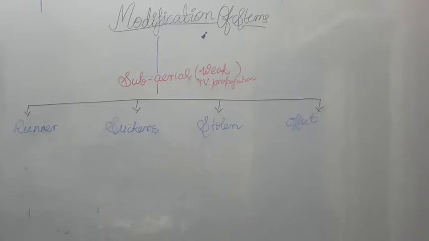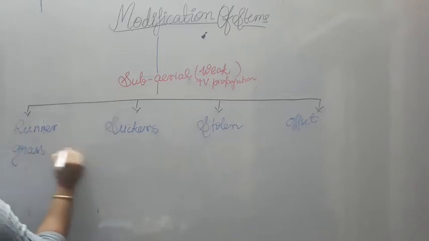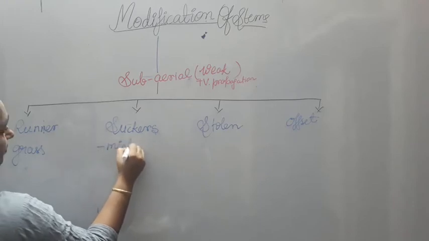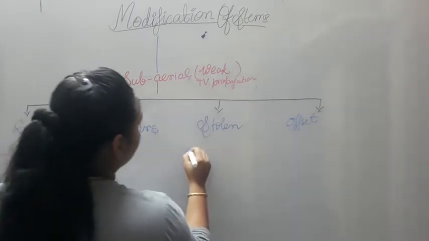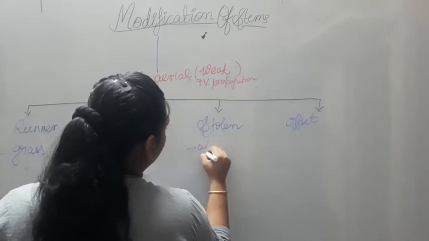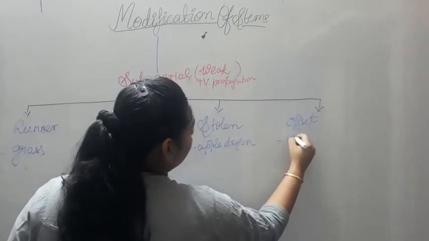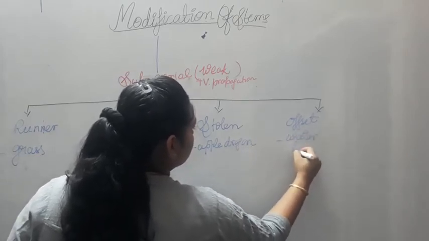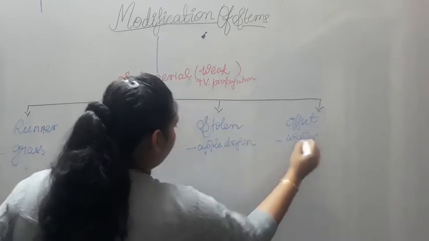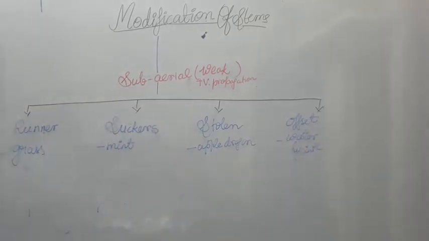So we'll see all of them one by one, and let us try to understand them with the help of examples. I had mentioned some of the examples over here. Now let us see them one by one.